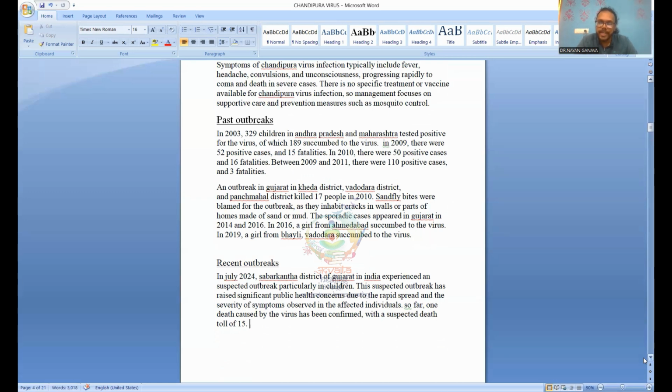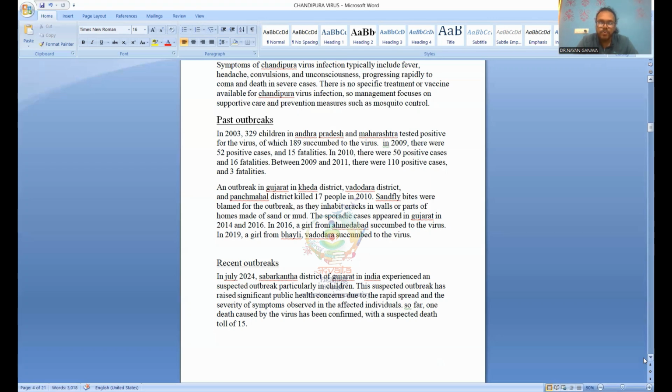In 2010, there were 50 positive cases and 16 fatalities. Between 2009 and 2011, there were 110 positive cases and 3 fatalities. An outbreak in Gujarat in Kheda district, Vadodara district, and Panchmahal district killed 17 people in 2010.